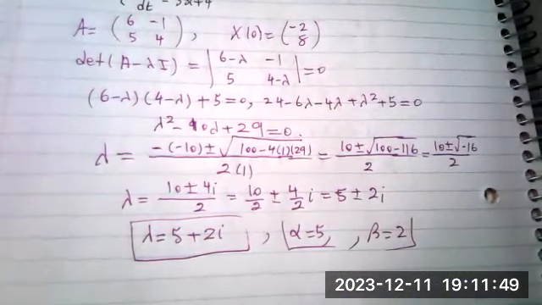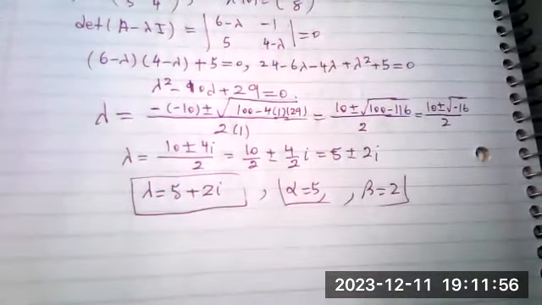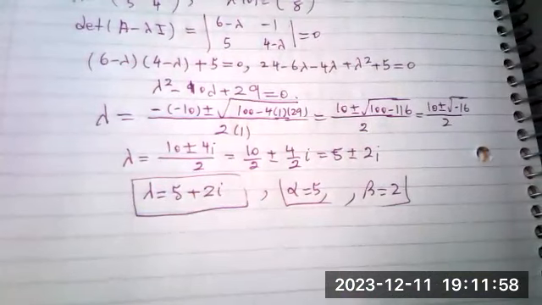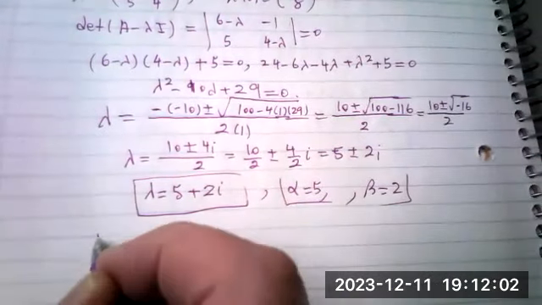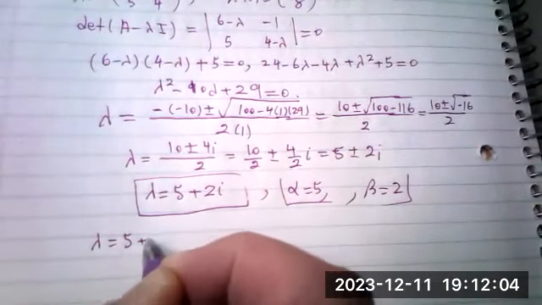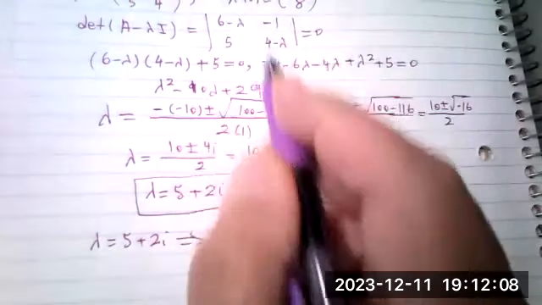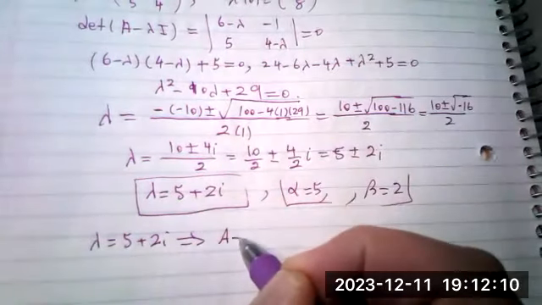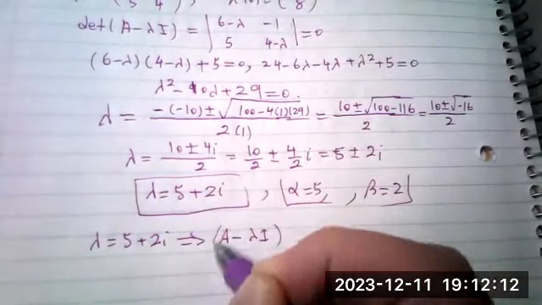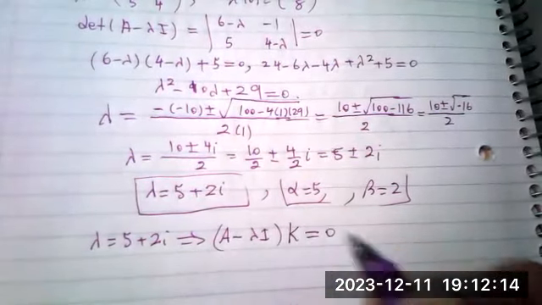Okay. So we are going to find the eigenvectors. Okay, so we go for it. Lambda equal to 5 plus 2i. We are going to go to this matrix equation. We're going to form A minus lambda I times K equal to 0.